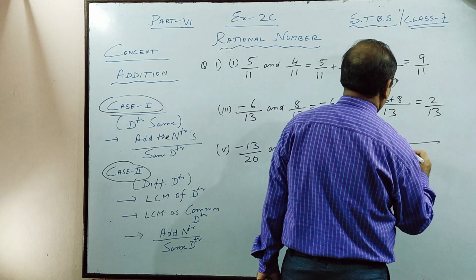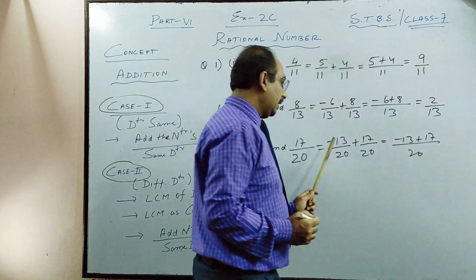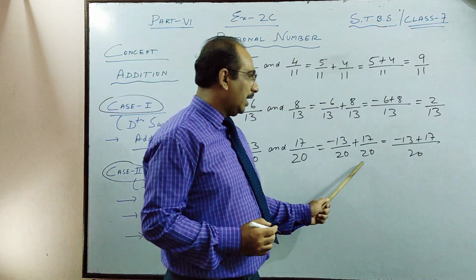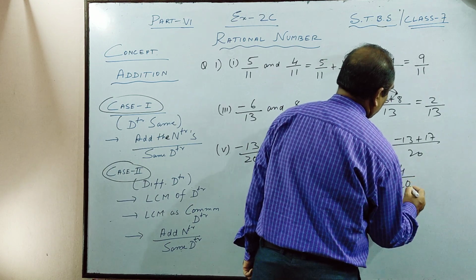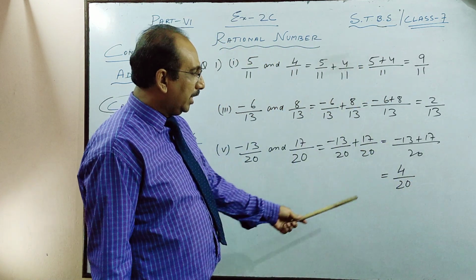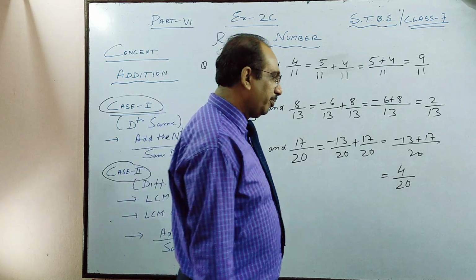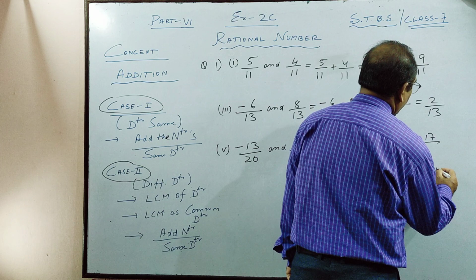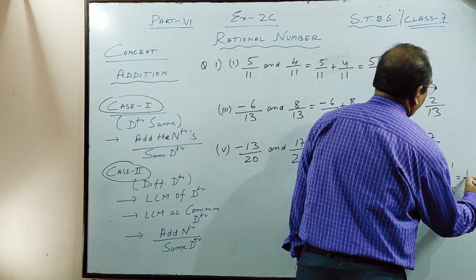Next sum we have, you add the numerator and keep the common denominator. When you add this, you get 4 by 20. Later on you will see you can cancel; in this class you may do it, may not do it. If you cancel, you get 1 by 5.